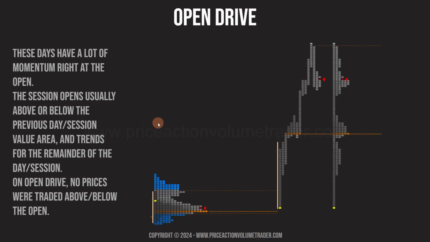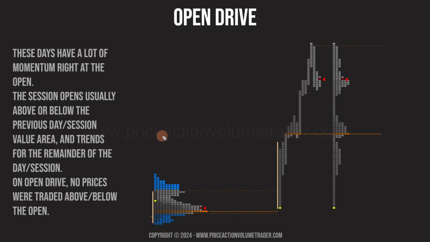These days have a lot of momentum right at the open. The session opens usually above or below the previous day's session value area and trends for the remainder of the day or session. On open drive, no prices were traded above or below the open. In this case, this is a chart of the S&P 500.